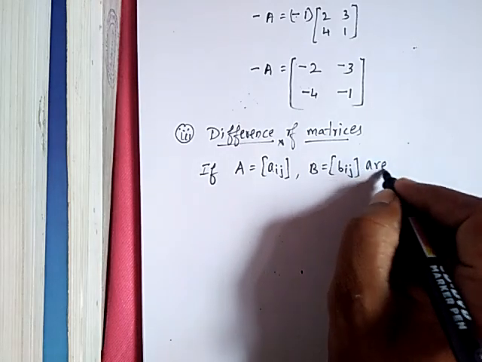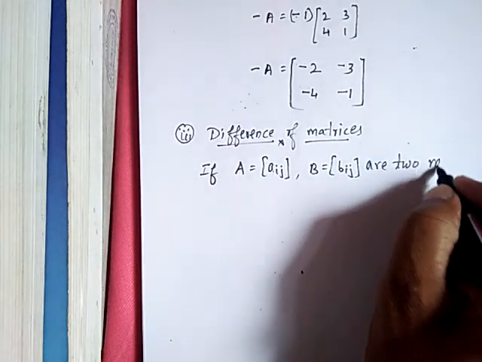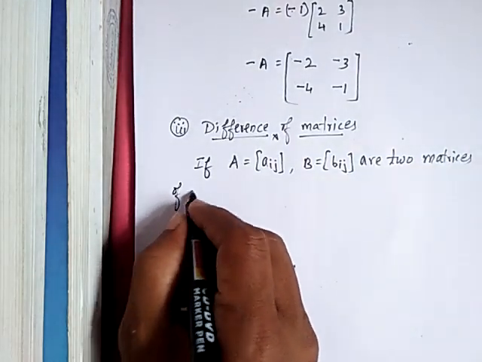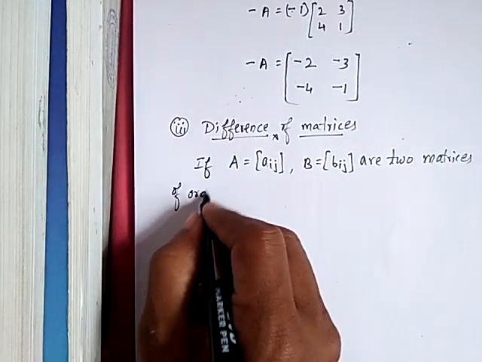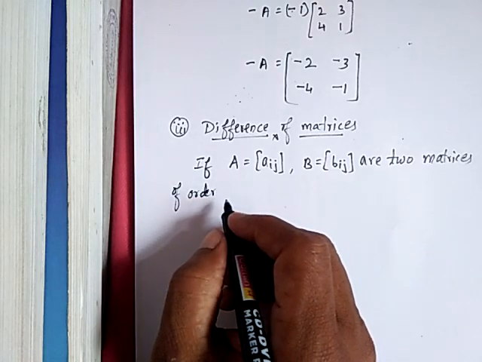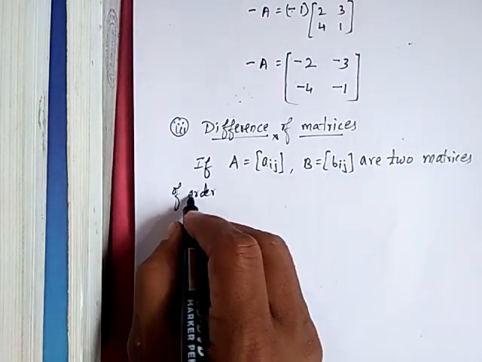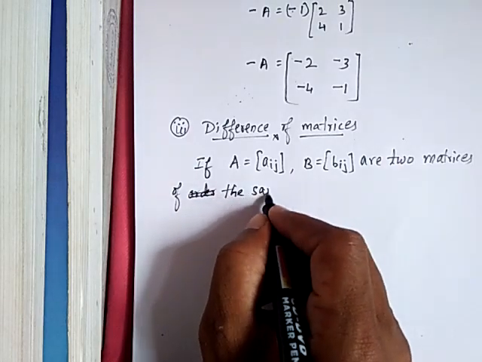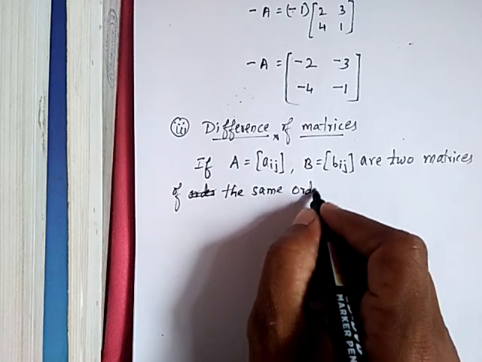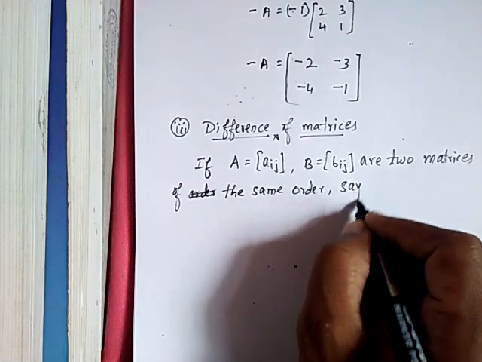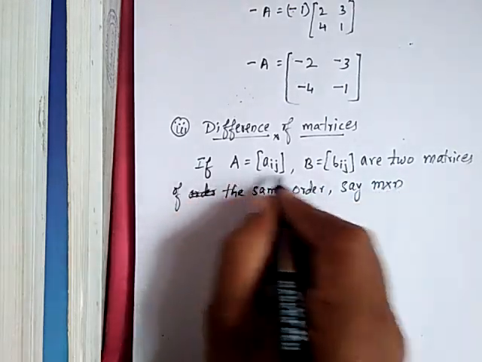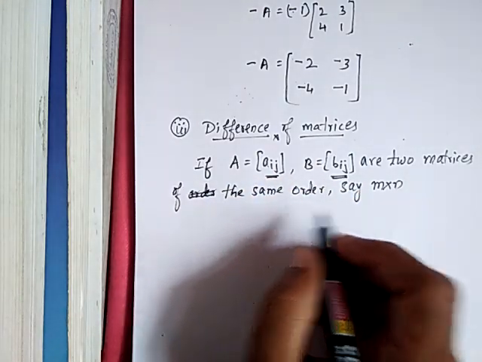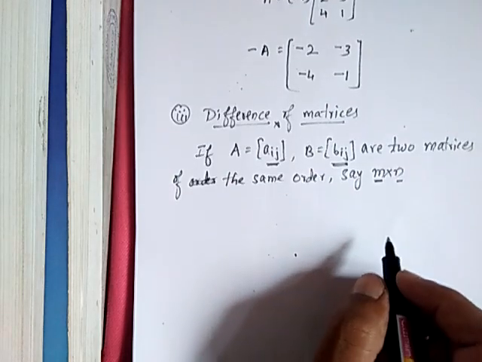are two matrices of the same order, say m by n. So this matrix is of the order m by n, and this matrix is also of the order m by n, m rows and n columns.